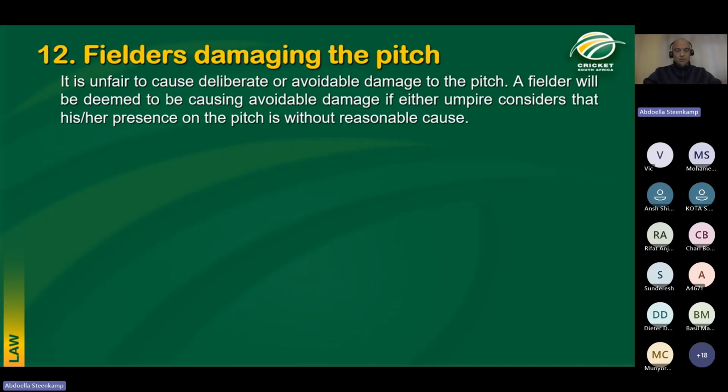A fielder will be deemed to be causing avoidable damage if the umpire considers that their presence on the pitch is without reasonable cause. So here the law allows the fielder to field the ball, to go in there if there is reason, but otherwise they are not allowed to cause deliberate damage to the pitch.